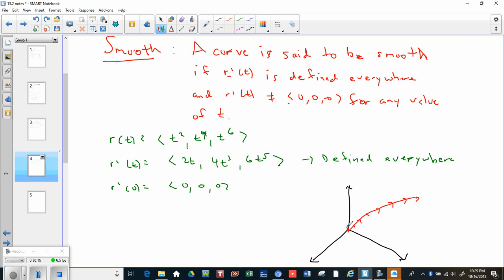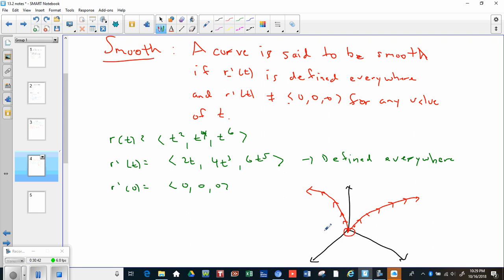If I was in class here, I'd pull up the calc plot to show you guys. But if I go in the negative direction, aren't I going to get basically the same thing? The only difference is my t values are going to be negative now, so it's actually going to look like this. Something like that, I believe. In any case, what you have right there is the cusp.